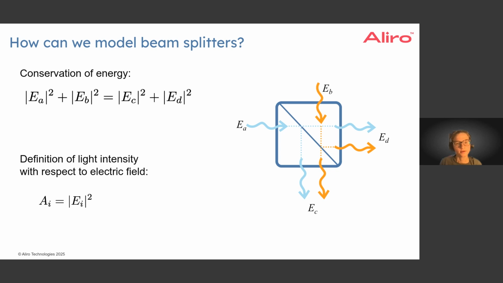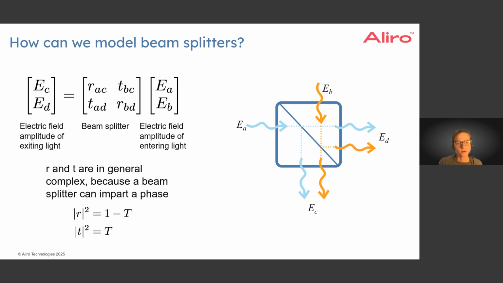What this results in is an expression where the squared magnitudes of the electric fields that enter the beam splitter have to equal the sum of the squared magnitudes of the electric fields that are exiting this beam splitter.